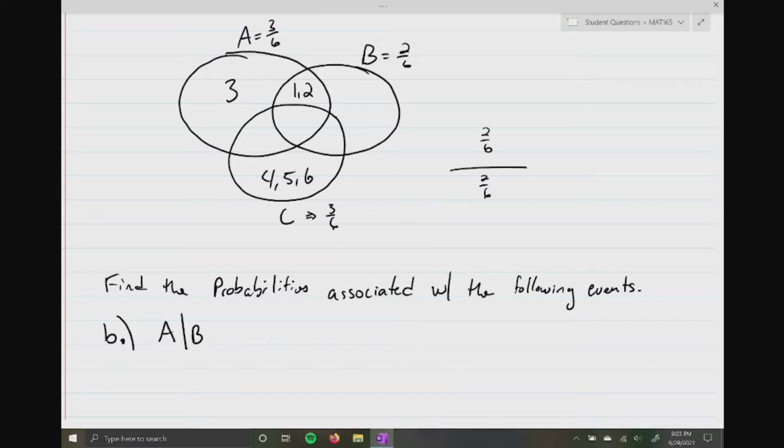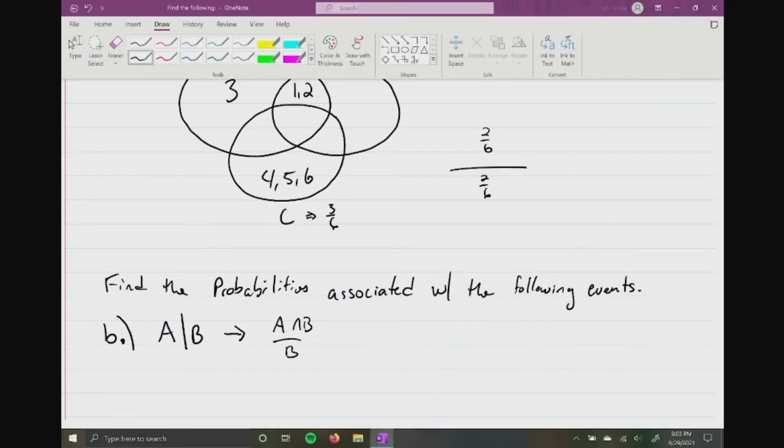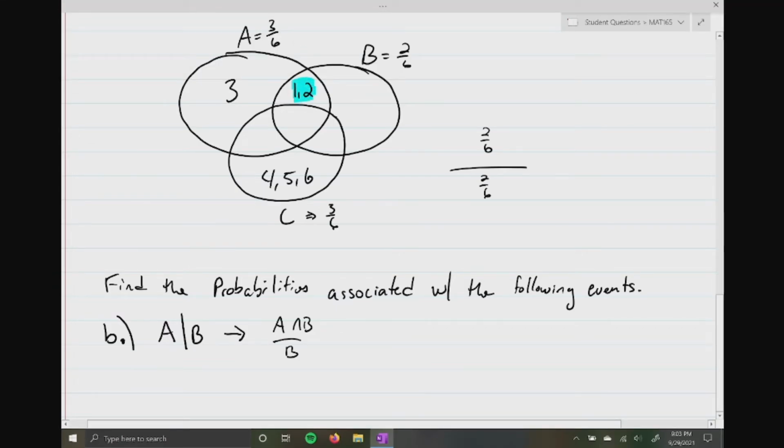I know A, given that B has occurred, is going to be the intersection of A and B, and then the conditional probability formula is over B. However, we're looking right here. Maybe you didn't see that. Maybe I'm moving too fast. So I'm going to highlight it for us.